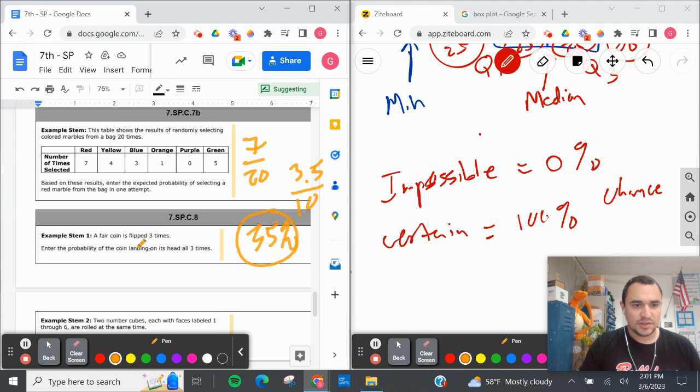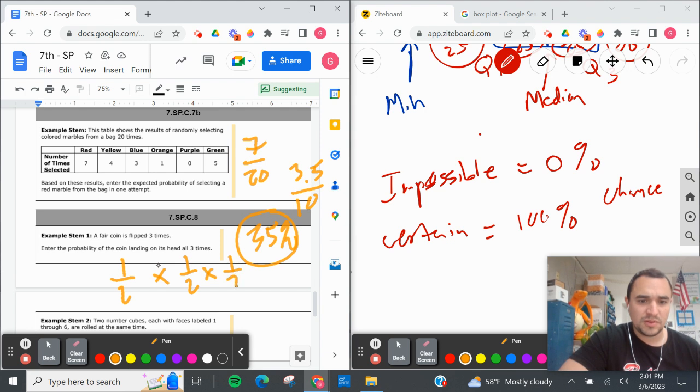There you go. A fair coin is flipped 3 times. Enter the probability of landing on heads 3 times. So the chance to land on heads is heads, heads, heads.